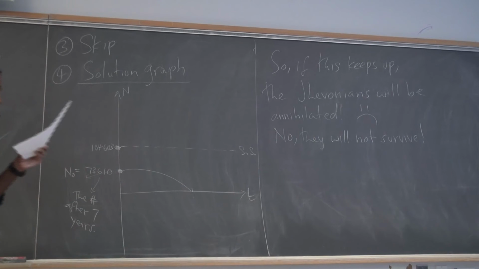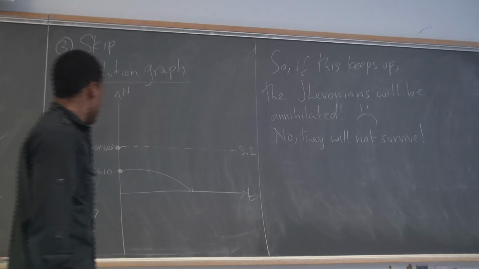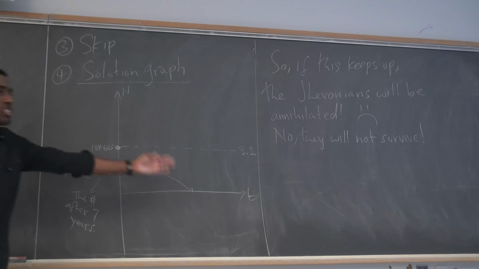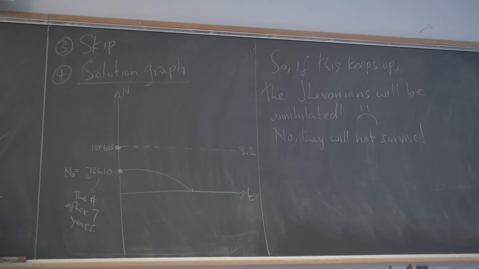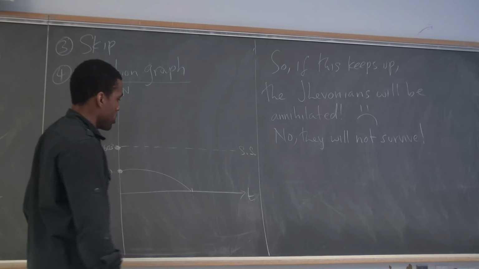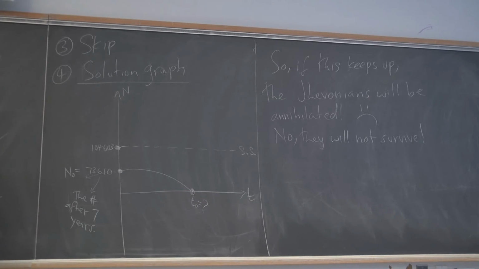And if not, when will they be annihilated? Right? So this can tell me that it's going to happen, but when will it happen? How do I figure that out? If I want to be specific and figure out what time this is, you have to actually find the equation for the thing and set it equal to 0.